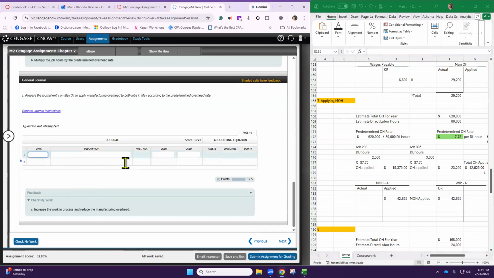Okay, so this is going to be May 31st. And we're going to go into work in process. This is applying the overhead. And it's come out of manufacturing.